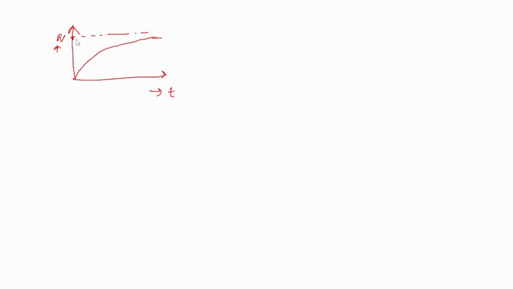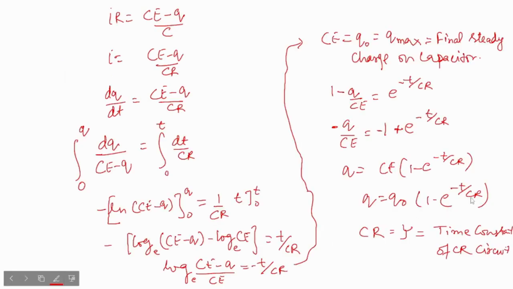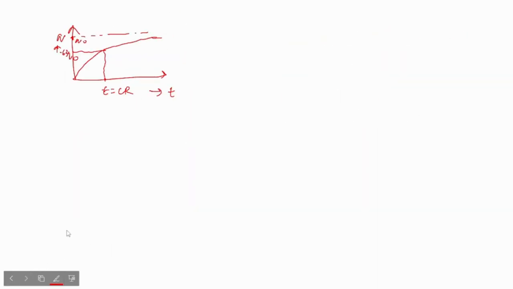This will be q naught. And at t equal to CR, charge will be 0.63 q naught. You can put the value of t equal to CR in this equation, q equal to q naught 1 minus e power minus t upon CR, and you can get the value of q. It will be 0.63 q naught.